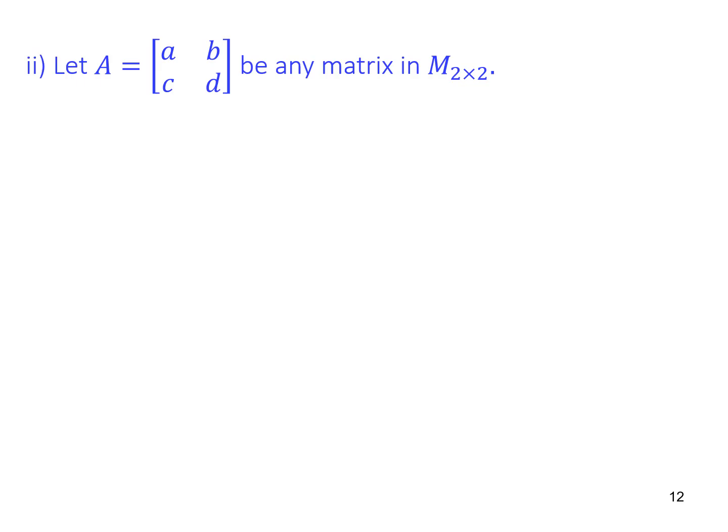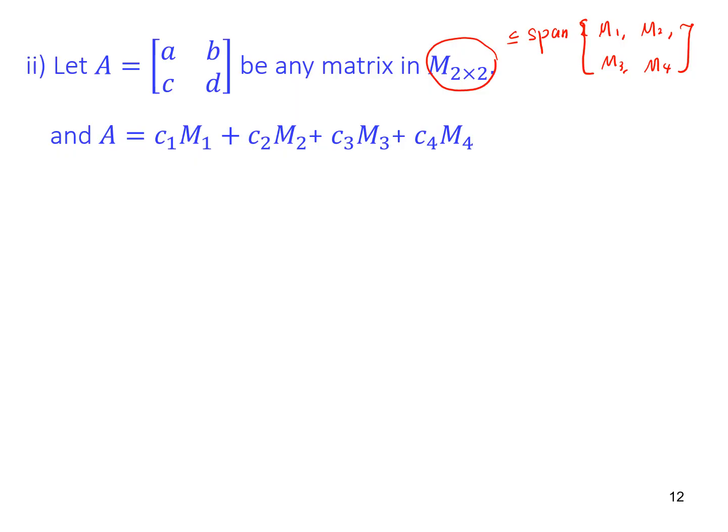In the second step, we need to show that this vector space is a subset of the span of M1, M2, M3, and M4. We start by letting an arbitrary vector in the vector space be denoted by matrix A, and we write A as a linear combination of M1, M2, M3, and M4.